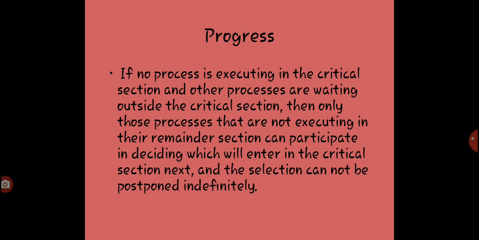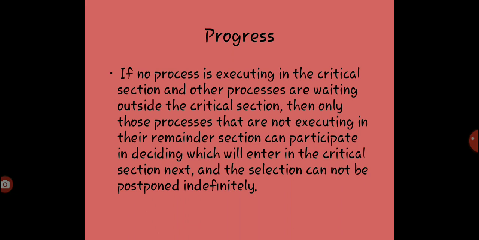Then progress. Progress is this: if the currently running process in the critical section is exiting, it comes to the exit section. Then there are many processes waiting for the critical section outside it. So which process can be allowed in?